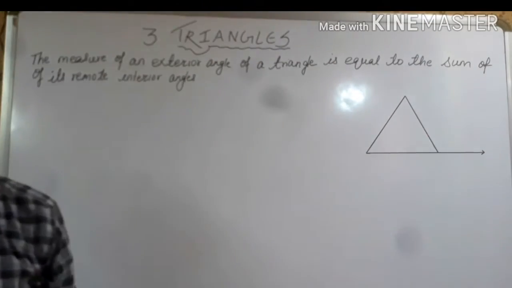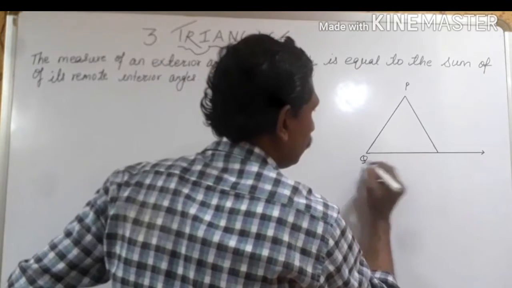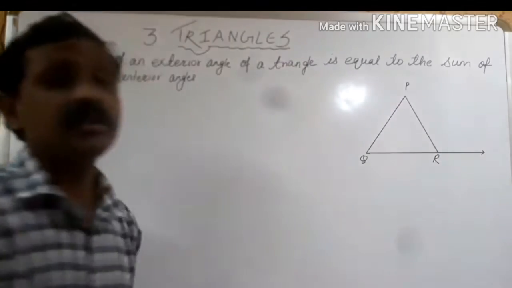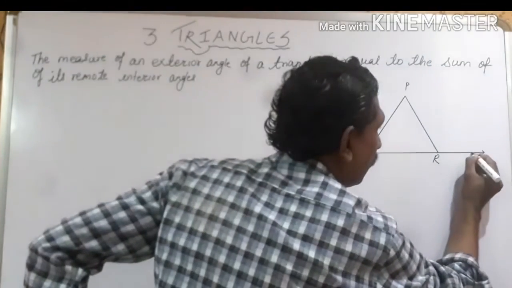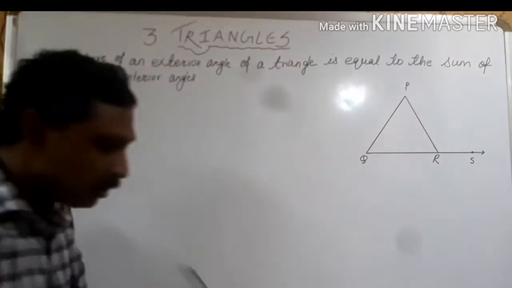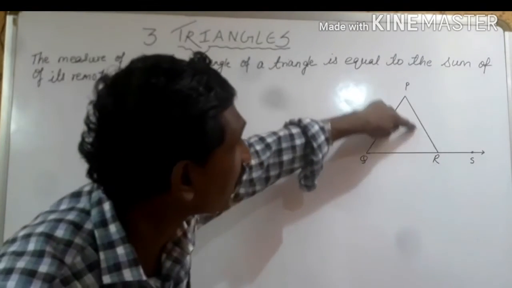Okay, we have drawn it. Let's name it P, Q, R. I have given triangle PQR, and here S. Now let's see the statement. The measure of an exterior angle. Now this is a triangle.